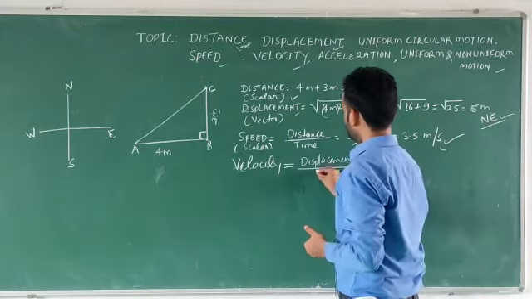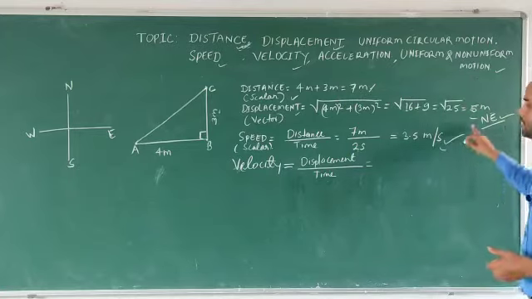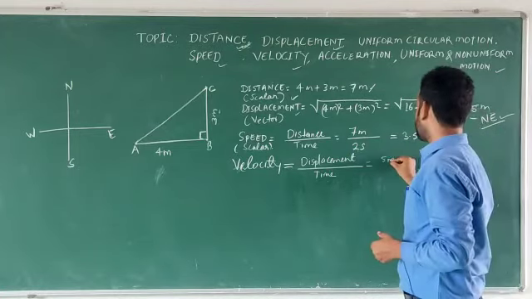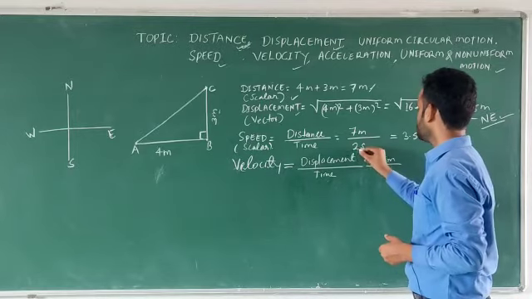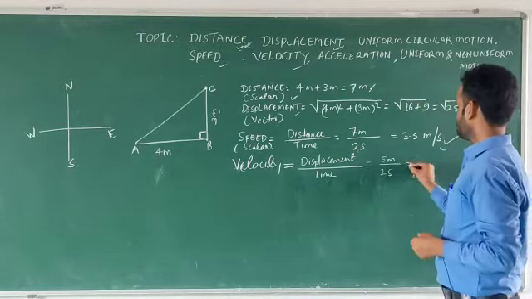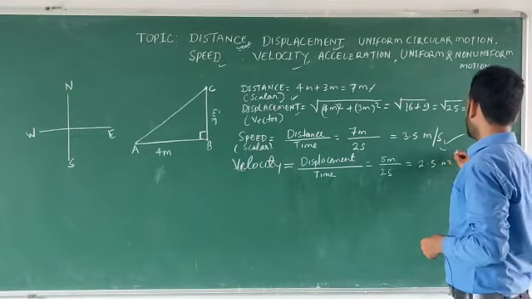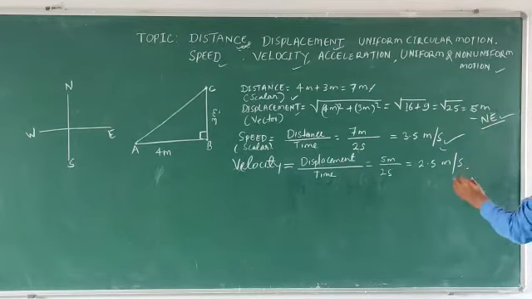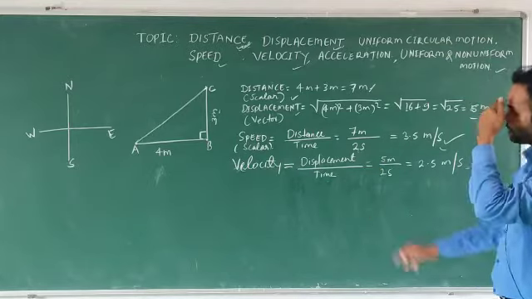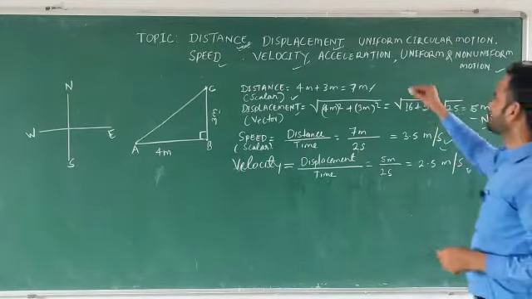So it is displacement divided by time. The displacement we have calculated is 5 meter, and the time is 2 seconds. So 5 divided by 2, that means 2.5 meter per second. So the SI unit of velocity is also meter per second, because displacement is in meter and time is in seconds. Okay. Now acceleration.